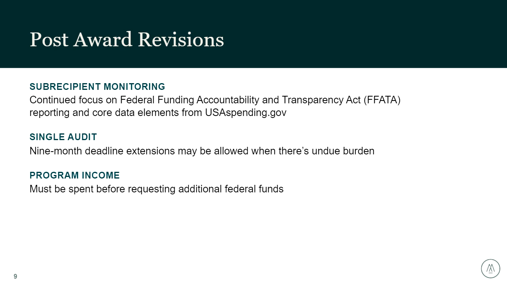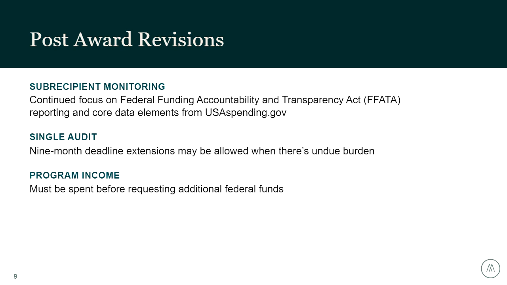So the new revisions really press hard the need to submit these reports, submit this data, and ensure it's accurate. So you can go on and see some of what these core data elements are, things like your subawards, obviously, and salaries and things like that are included in this reporting.